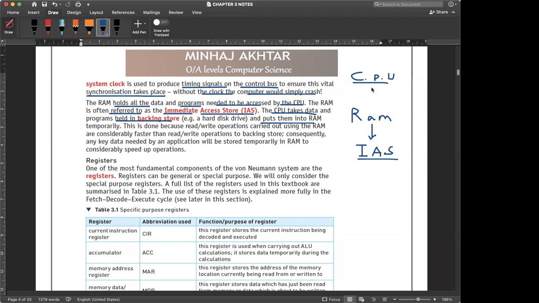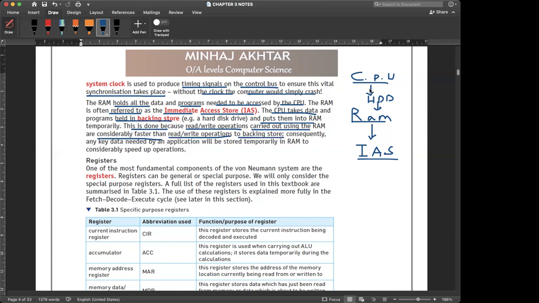So whatever data is stored in a hard drive is permanent data. But that data is going to be sent where? Into RAM. This is done because the read-write operations carried out using the RAM are considerably faster than read-write operations to the backing storage.